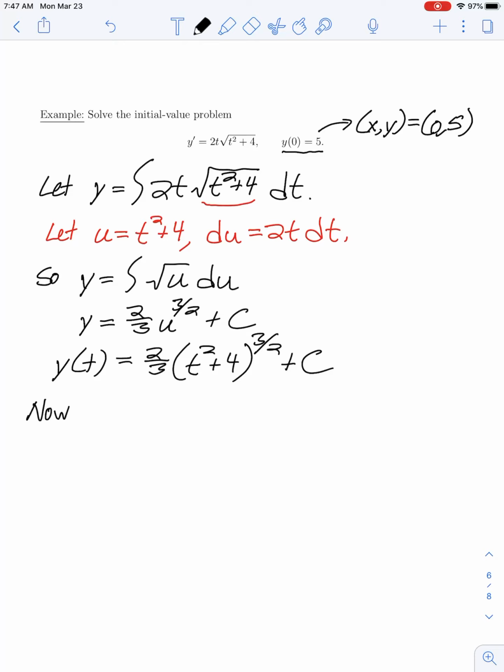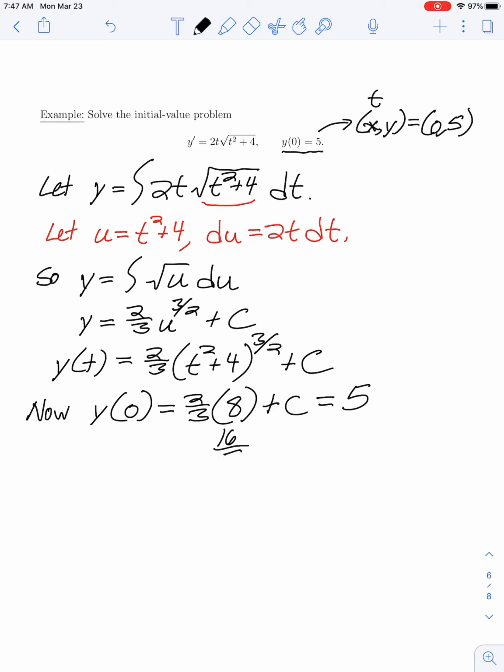So here, let's look at our initial condition. We saw that when t was 0, I had written x up here, as this is a point (t, y). When t is equal to 0, we have 2/3 times 4 to the 3/2 power, or 4 times the square root of 4, which leaves us with 8, plus our constant c, and we were told that this had to equal 5.